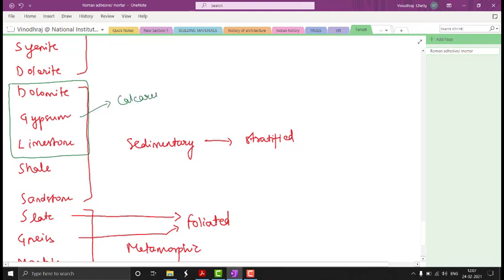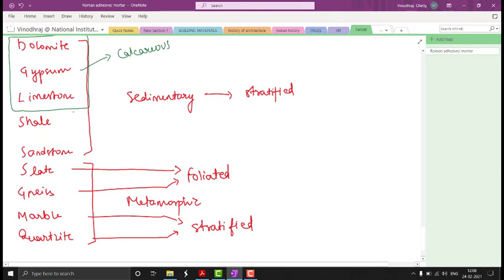Okay, so all the igneous are siliceous. These three, dolomite, gypsum, and limestone, are calcareous. Then shale is composed of argillaceous. This is again siliceous. This is again argil. This is again composed of silica.